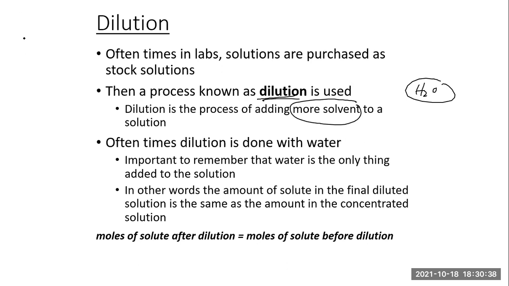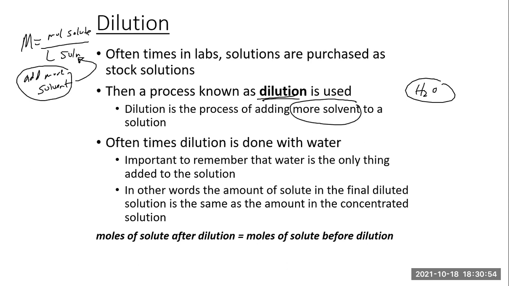So what does that do to our concentration of that solution? Well, if we look at the molarity, that is the moles of the solute divided by liters of solution, when we add more solvent, like water, what we're really adding is this guy right here, the bottom value. Top value stays the same, but we're adding more of the solvent, which will change the volume of solution, which means the bottom number will get larger.